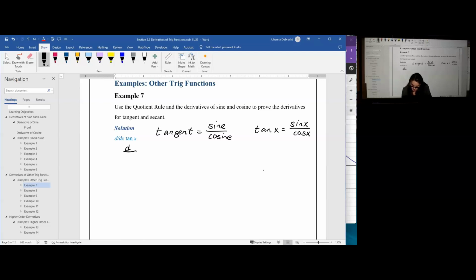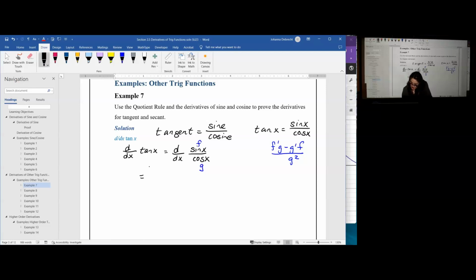To find the derivative with respect to x of tangent of x, I'm going to apply the derivative to the quotient of sine and cosine. This is going to give me that formula that we use, which is going to be f prime g minus g prime f over g squared, where sine of x is f and cosine is g.